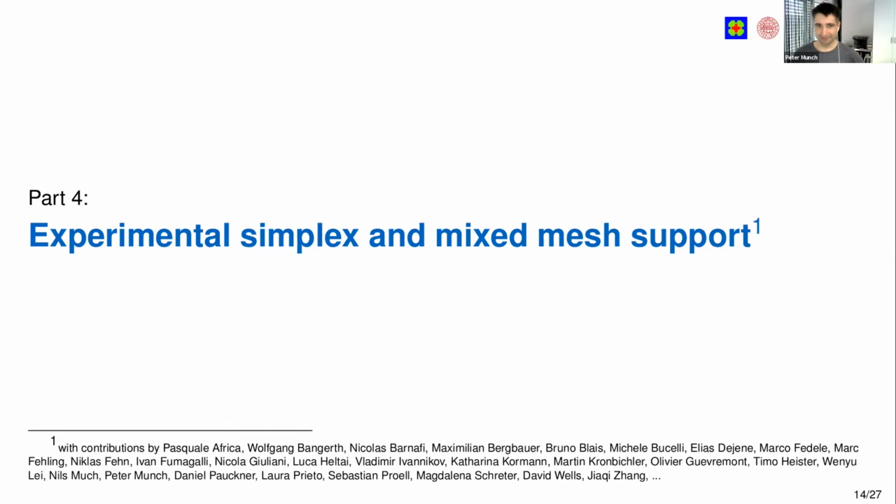Now I would like to continue with the experimental simplex and mixed mesh support in deal.II. For those who don't know the term simplex, it's a generalization of the term triangles and tetrahedrons. So let's have a look. What does that mean for you?